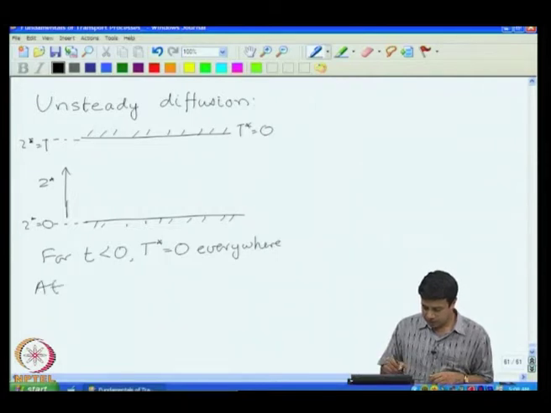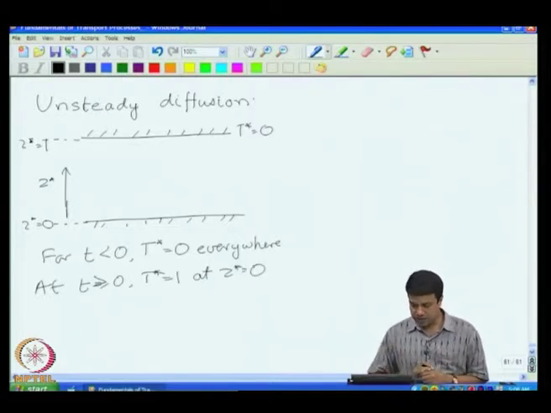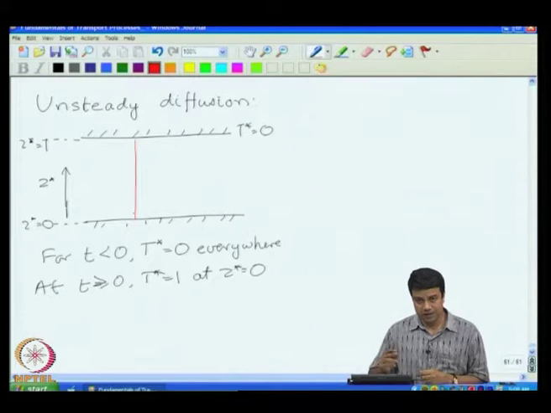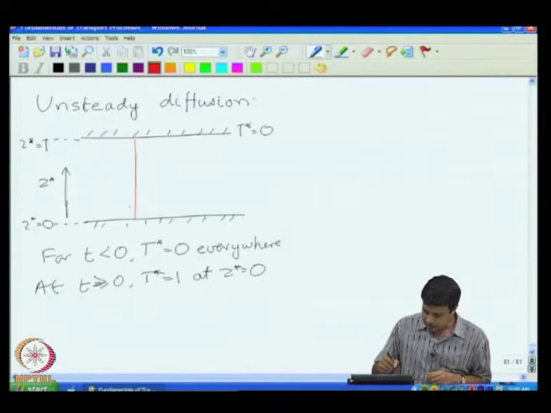And at t greater than or equal to 0, T star is equal to 1 at z star is equal to 0. Okay. So, initially if I plotted the temperature, it was basically equal to 0 everywhere, scaled temperature. I showed you in the last class how to scale it. Okay. So, this is the temperature T star is equal to 0. Okay. At the initial time, I instantaneously increase the temperature here to T star is equal to 1.